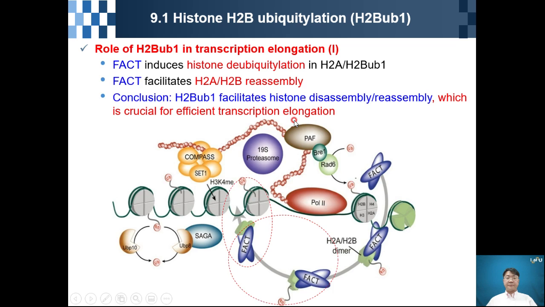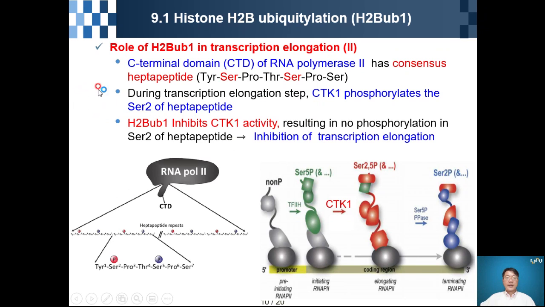So in this slide, I will explain the second role of H2B-UB1 in transcription elongation. RNA polymerase 2 has the C-terminal domain, which has a consensus heptapeptide composed of 7 amino acids: tyrosine, serine, proline, threonine, serine, proline, serine.